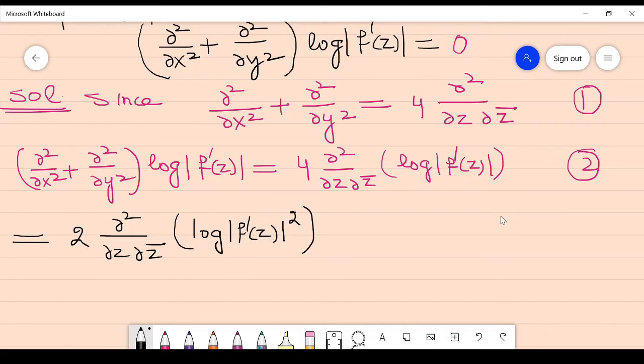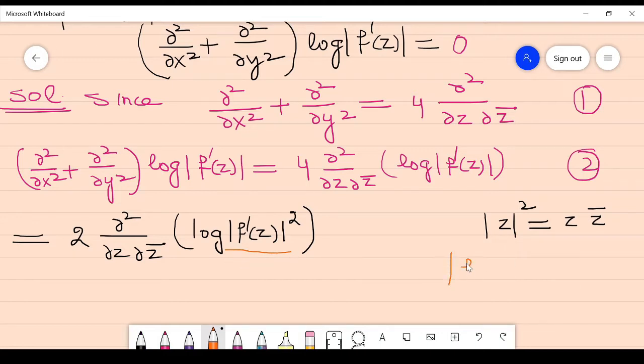We know the result, absolute value of z whole square is equal to z into z conjugate. So here we will use that result. What is that result?